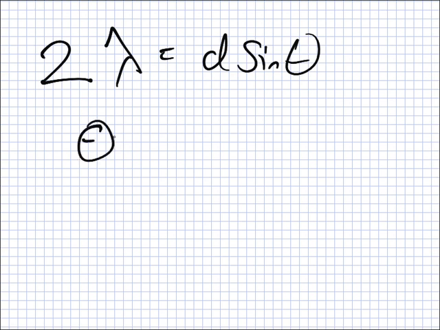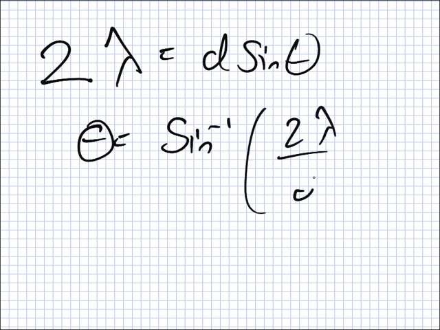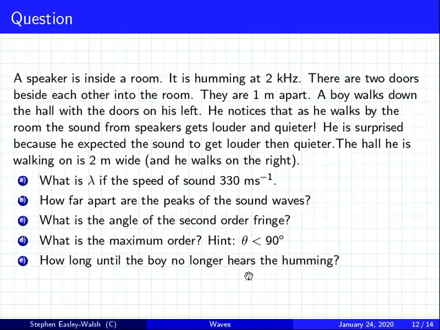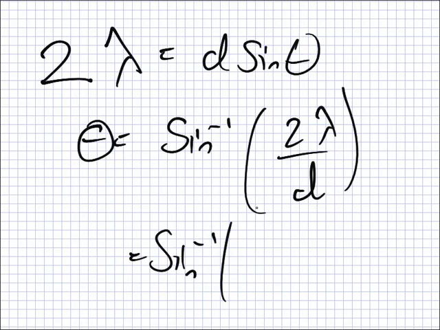Theta equals sine inverse of 2 lambda over D. So that is sine inverse, what was the lambda? 6.33 times 10 to the minus 7. Hang on, sorry. The lambda was 2 times 0.165, no, yeah, sorry.